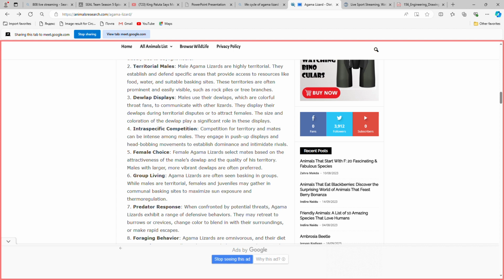Males with larger or more vibrant dewlaps are often preferred. So most of the time, the females will choose males with larger and more vibrant dewlaps for them to mate. Do you get it? So when it comes to agama, the female chooses who she wants to mate with.